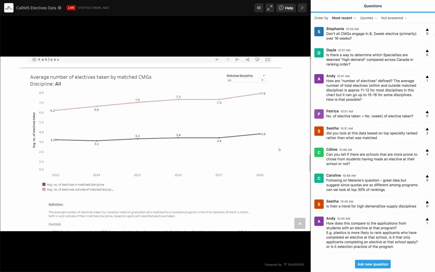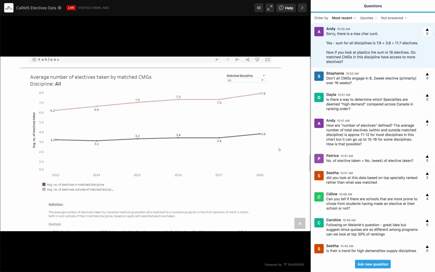Applicants are expected to be complete and accurate with their application, so we expect this data is an accurate reflection of people's actual elective experience. However, there may be instances where people don't capture every elective. That's possible, but this is based on applicant recorded elective experience.